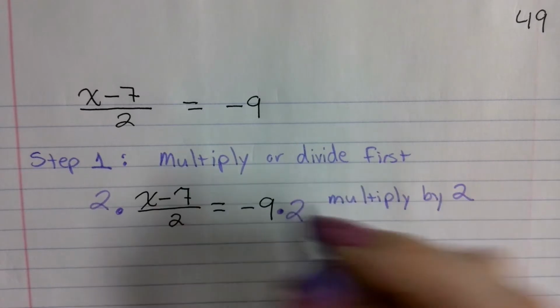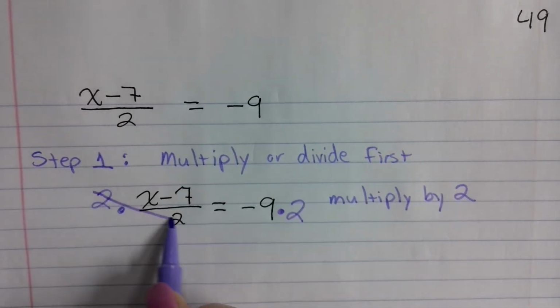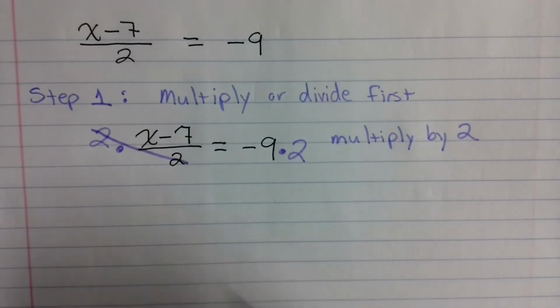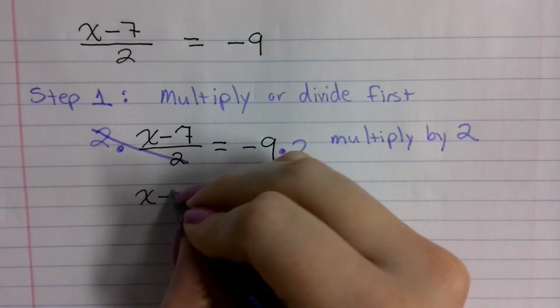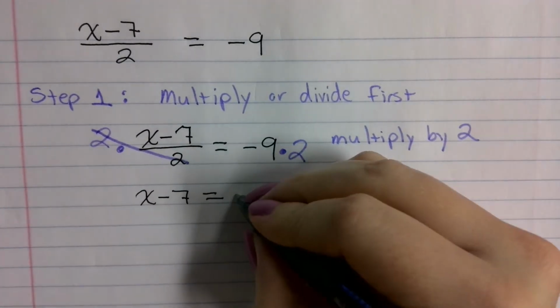Multiplying by 2 and then dividing by the 2 simplifies those out. You're left with x minus 7 is equal to negative 18.